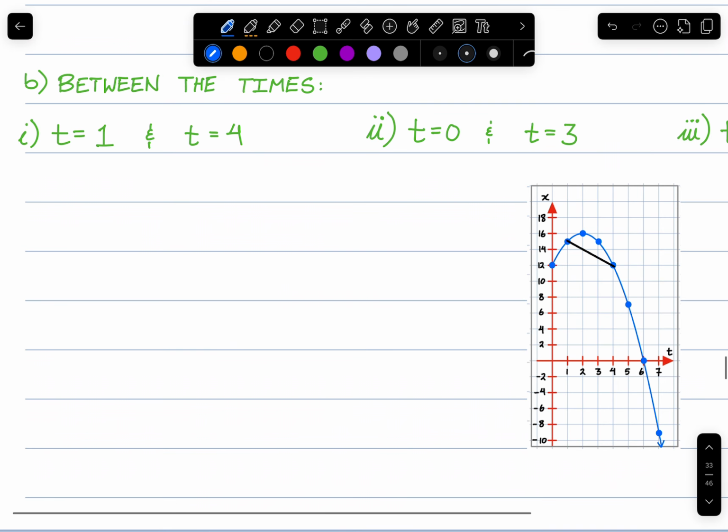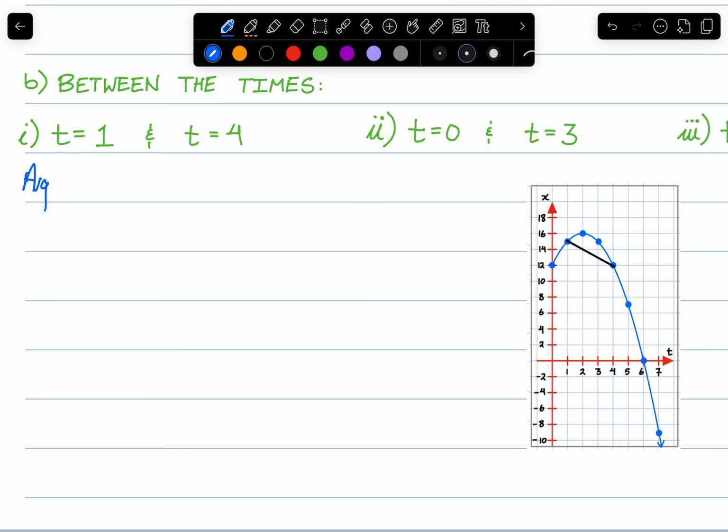The average velocity is going to be, well, we're ending at 12, and we were starting at 15 over 4 minus 1. 12 take away 15 is negative 3 over 3, negative 1 meter per second.